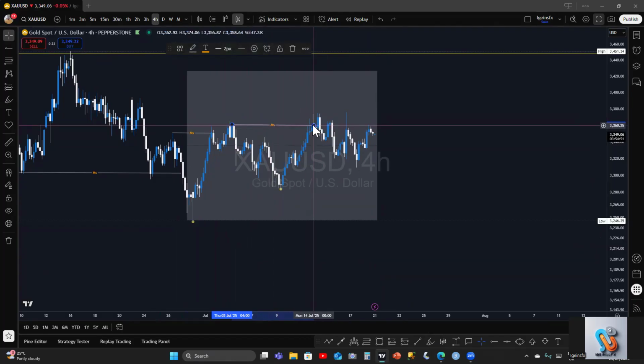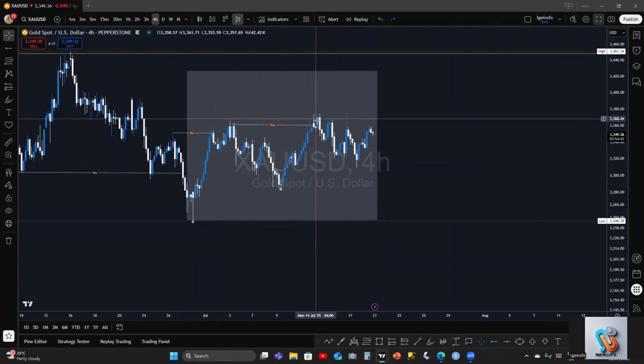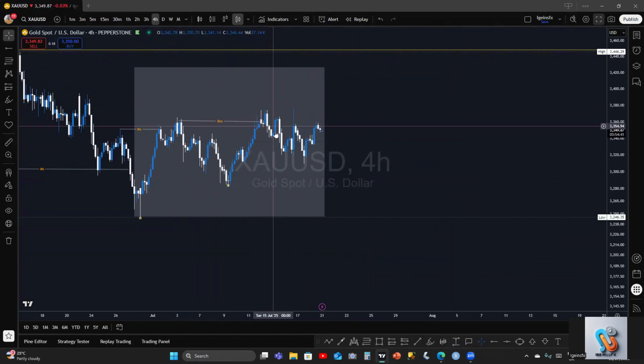Broke structure again to the upside. So this is a pullback. Let price now come back. There's a little FVG here, which price might react to.